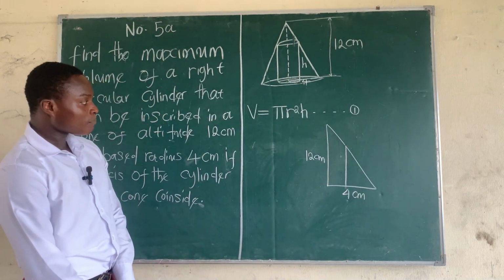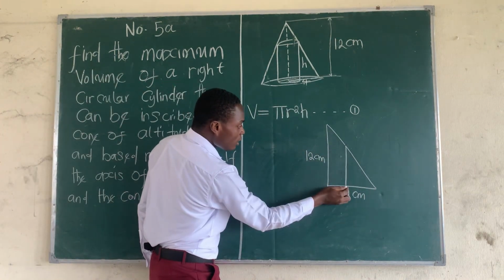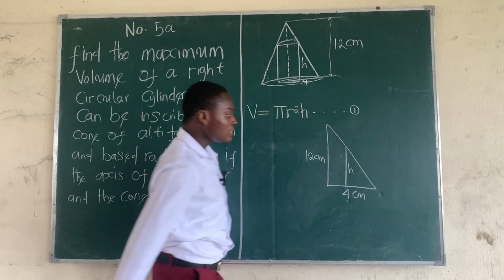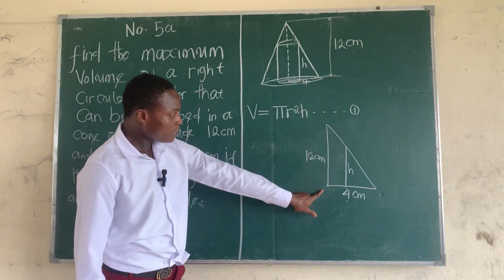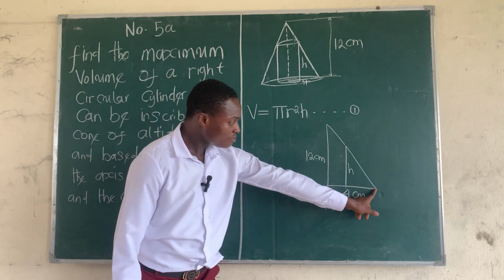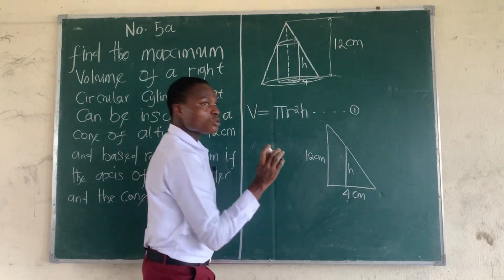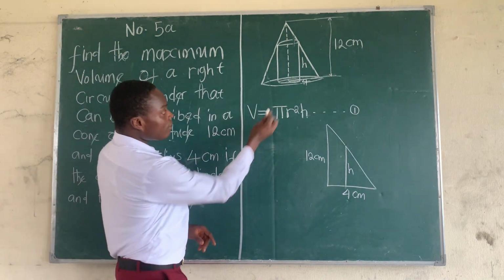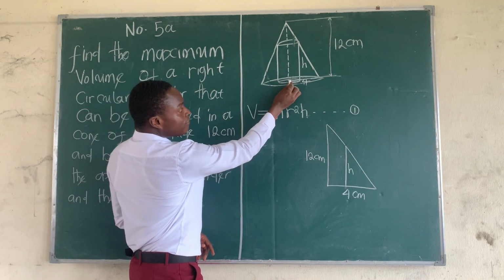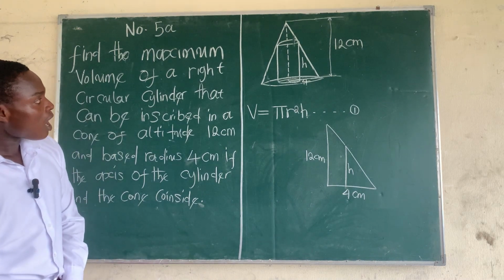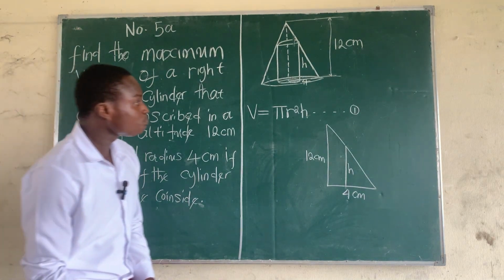And this part from here to here is the height of our cylinder, while here is the height of the cone, and here is the base radius of the cone. So from here to here is the radius of our cylinder.